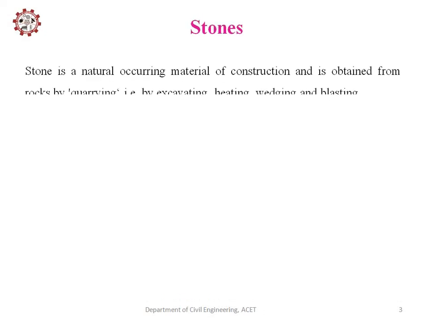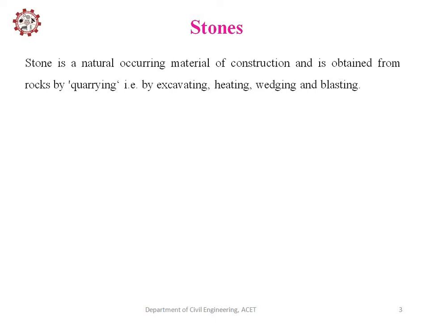So next we are going to study the first building material, which is known as stones. Stone is a naturally occurring material of construction and is obtained from rocks by quarrying, that is by excavating, heating, wedging and blasting.